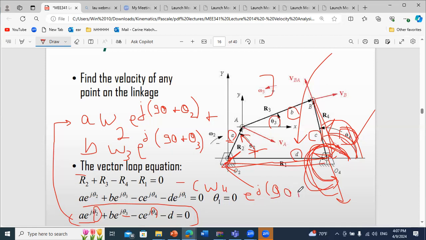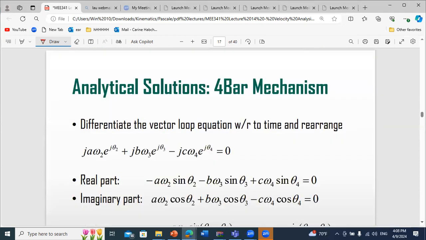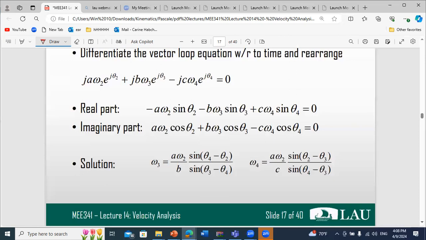And finally, if you look at vector R1, this vector is constant in magnitude, is constant in direction. So when I derive it, it's 0. So this will be my equation. I have 3 terms equal to 0. And now all I have to do is to identify the real part and imaginary part to be able to get my 2 equations.